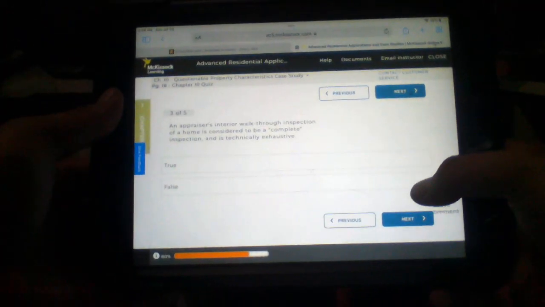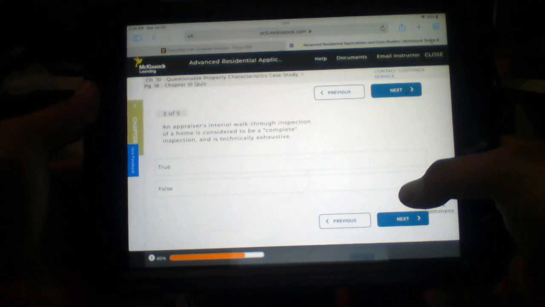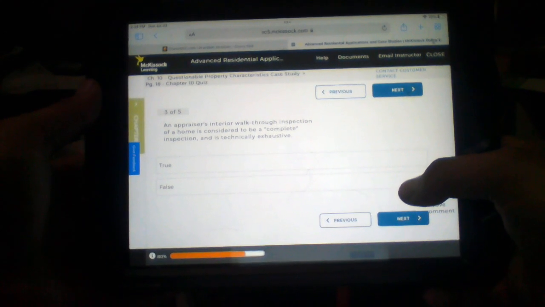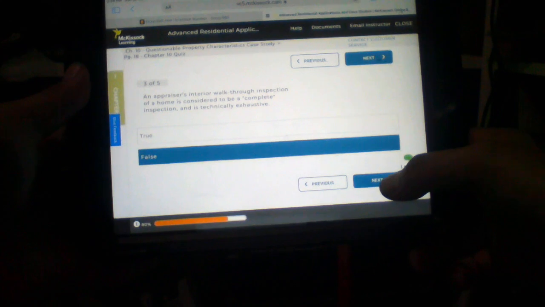At first thought I think it is true, but is it really ever complete, you know? I think both answers are right, but I'm going to go false because I think there could be a more complete inspection, like if you were a home inspector. So both answers are right, but I'm going to go false because I think that one is more true.